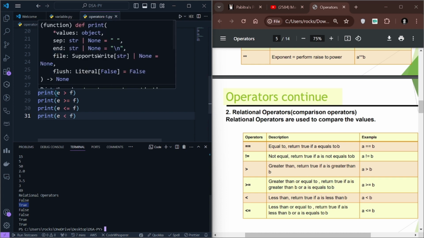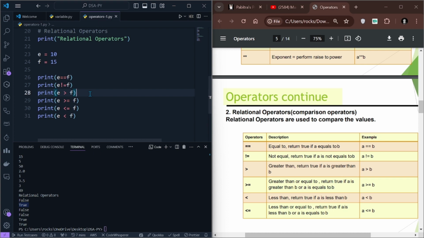Now if e is greater than f, no, 10 is not greater than 15, so it's returning false. Then we are also checking if e is greater than or equal to f, that means if 10 is greater than or equal to 15, that's also false.